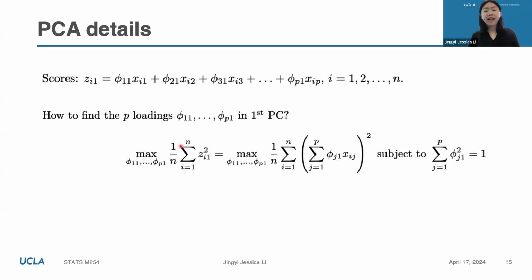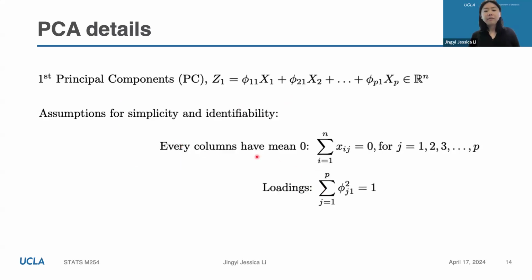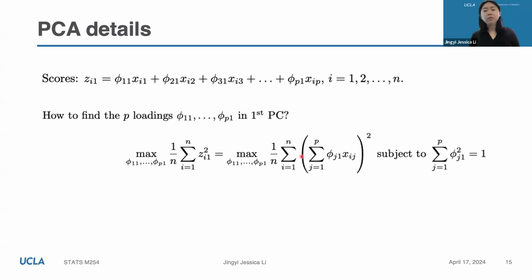And as you know that every column has mean 0. So the mean of xi1, xi2 to xip, they're all 0. Then the mean of zi1 is also 0, right? When we know the mean is 0, then the variance formula is just zi1 minus the mean, minus 0, squared. So then it's just zi1 squared. This is the variance of the n cells, n observations in PC1.